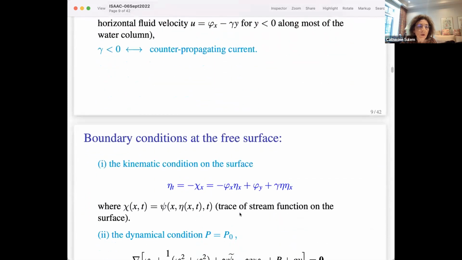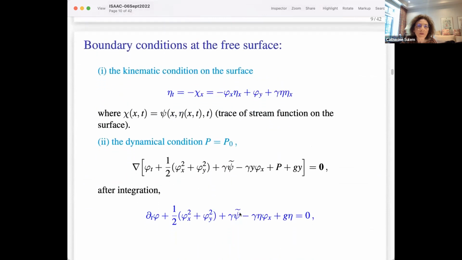Okay, so now the boundary condition. In the same way that one defined the boundary condition for zero vorticity, one writes the kinematic condition and the dynamic condition. The formulas are a little bit longer because of the presence of the vorticity, but it's exactly of the same type. The two blue equations here, the derivative of eta with respect to t, and the evolution of phi, being this generalized potential, are given with this equation here and the one below, the last line.